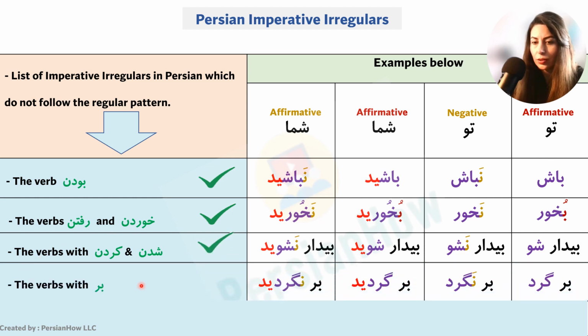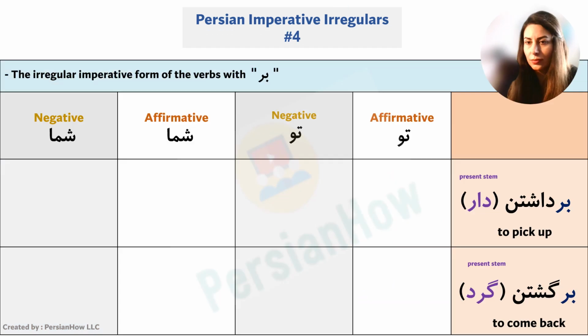go over this row, verbs with non-verbal element bar. So the other categories are the irregular imperative forms of the verbs with non-verbal element bar. We'll look at these two examples here, برداشتن and برگشتن.